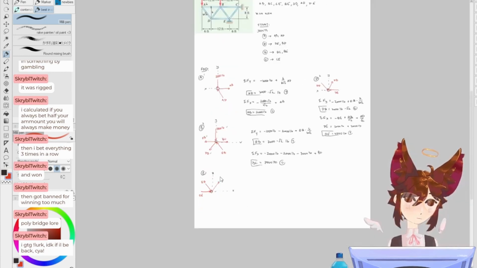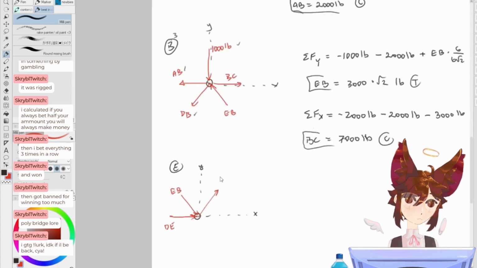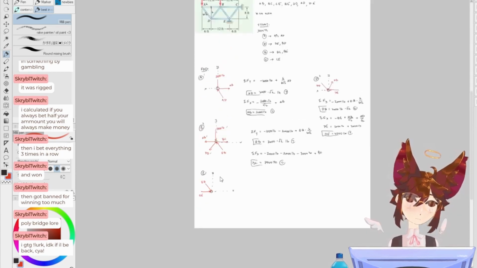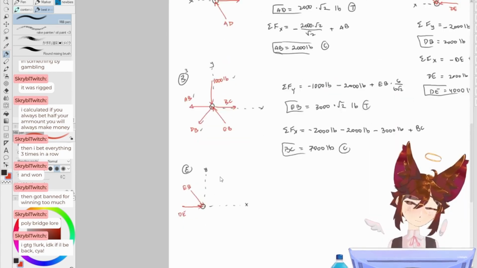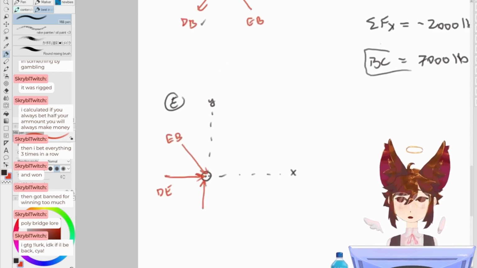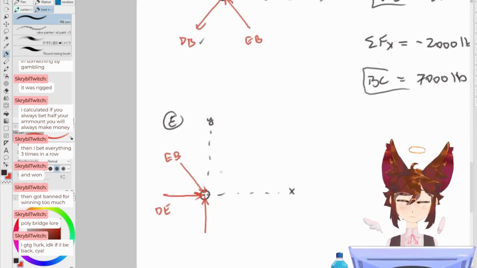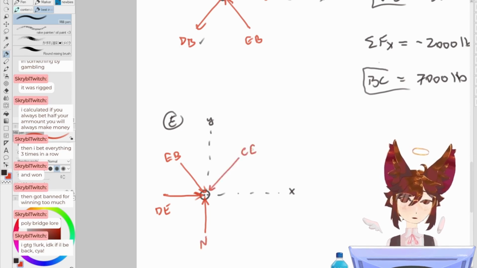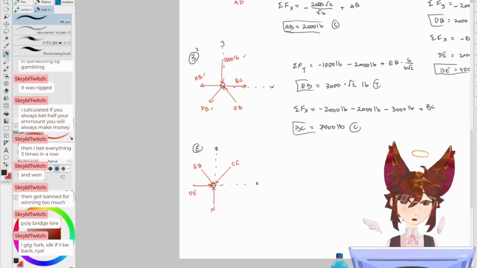That actually does not work. Oh no, we don't have to have it upward. Is that a zero force member? No, it shouldn't be a zero force member. But there's a push here, so I guess it has to go this way. This is normal and this is CE.